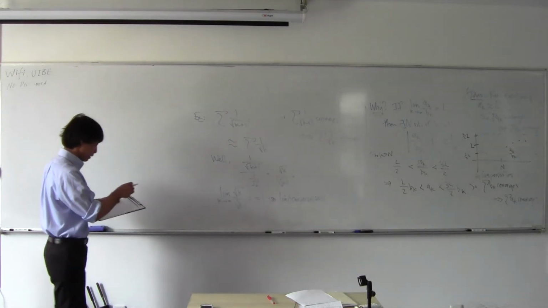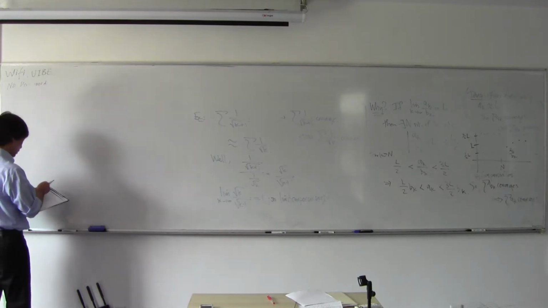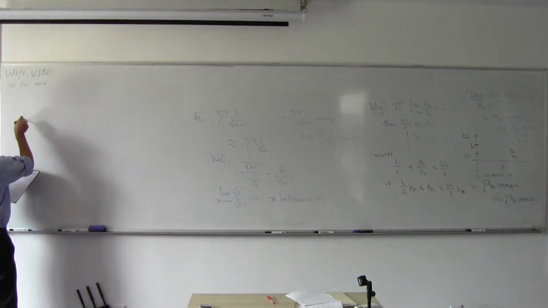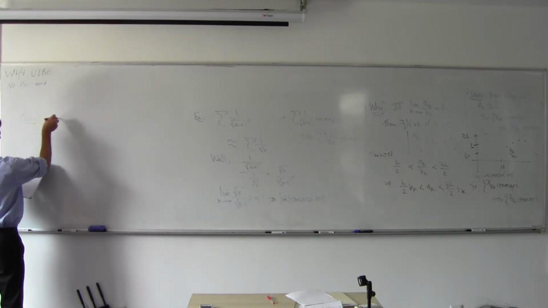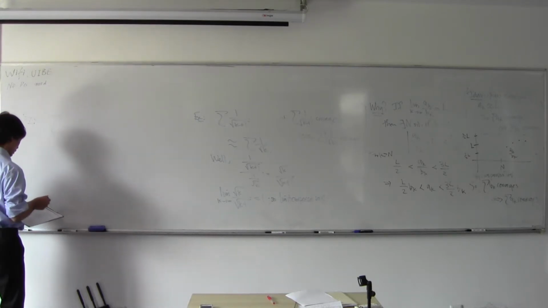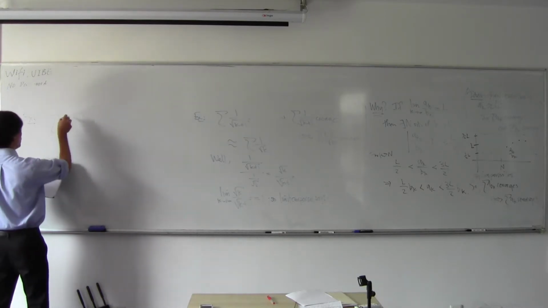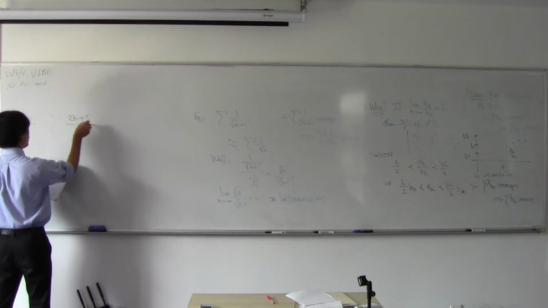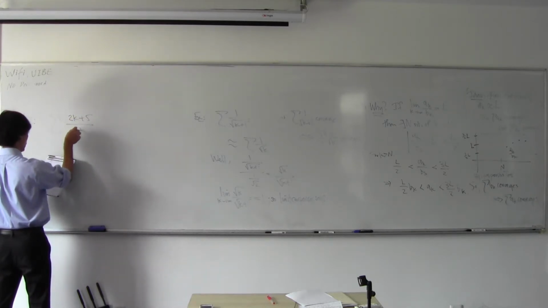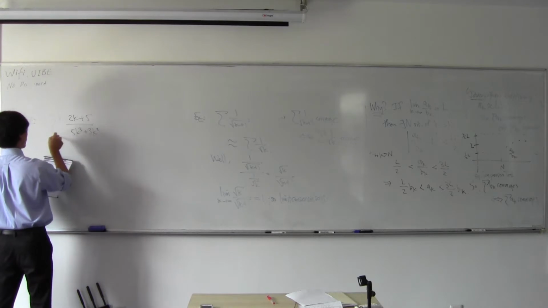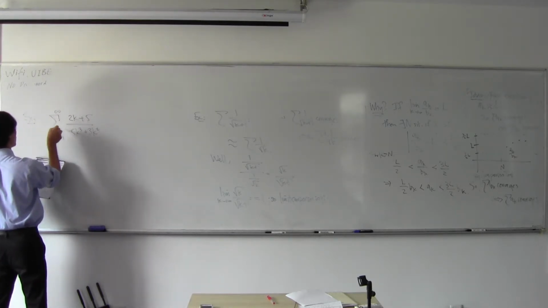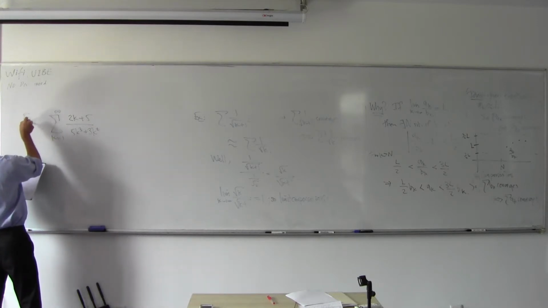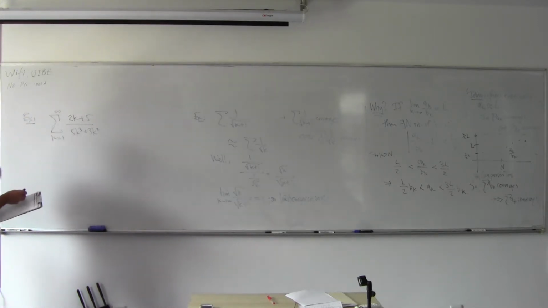Okay, so let me ask you to do some exercises. The first one is the summation of 2k plus 5 over 5k cubed plus 3k squared, k equals 1 to infinity.